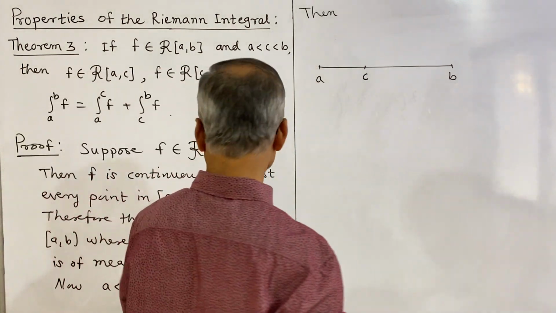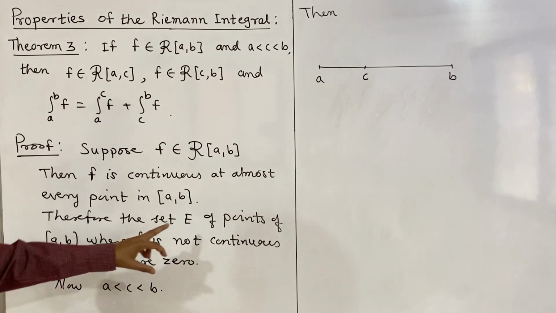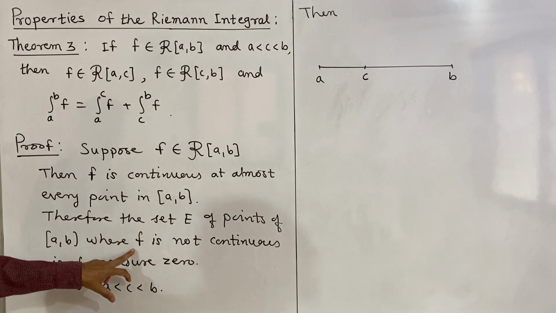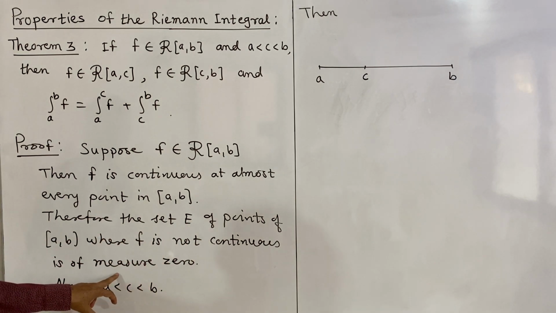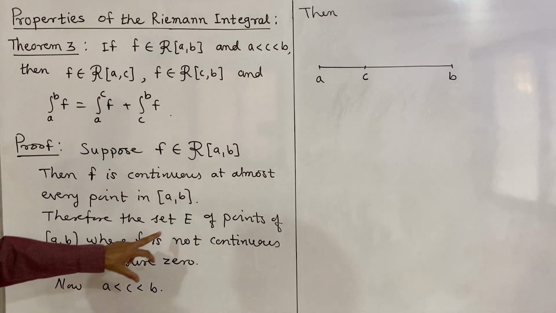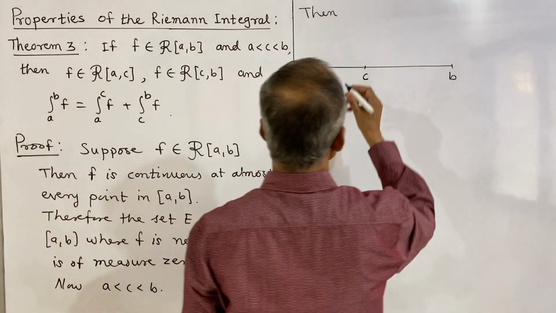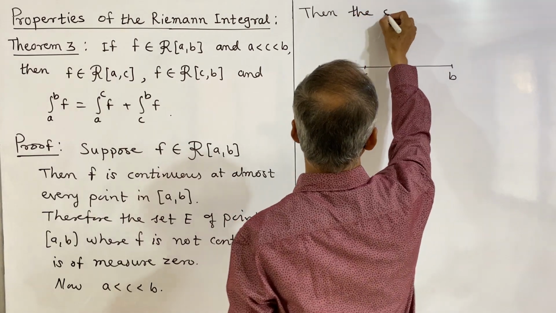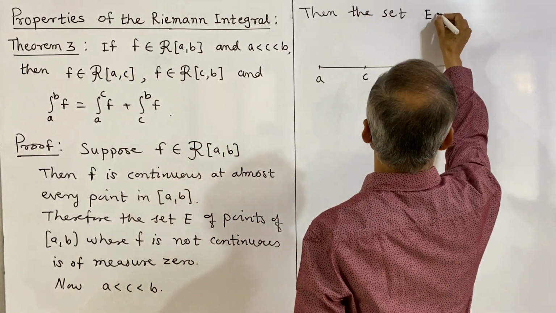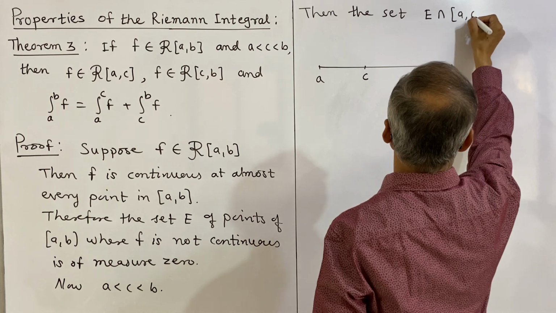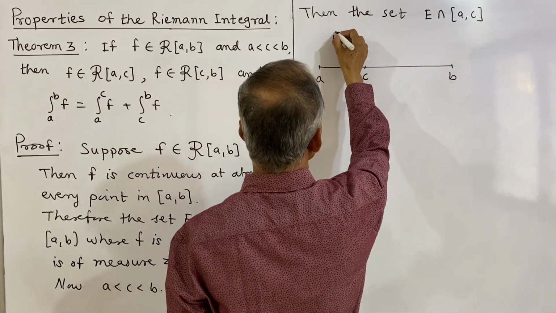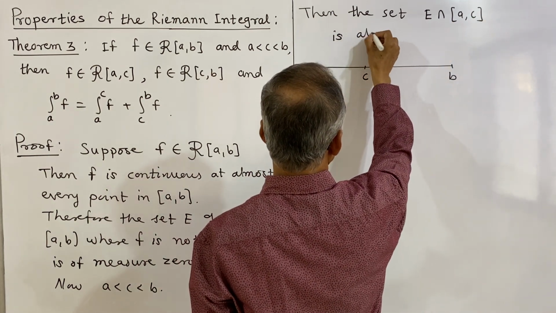And if the set of points of a b where f is not continuous is of measure 0, we can consider the intersection of this with the interval a to c. Then the set E intersection a to c is also of measure 0.